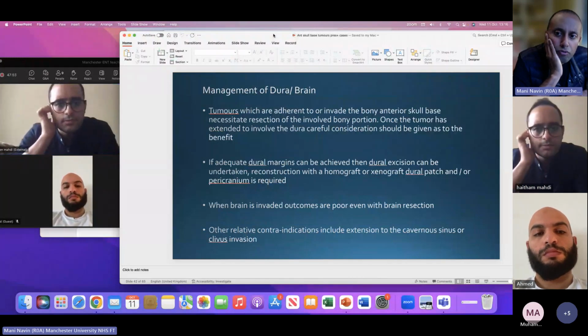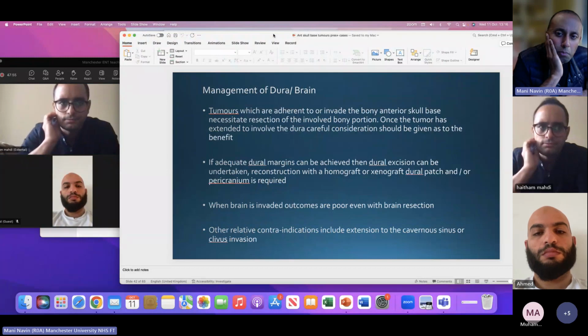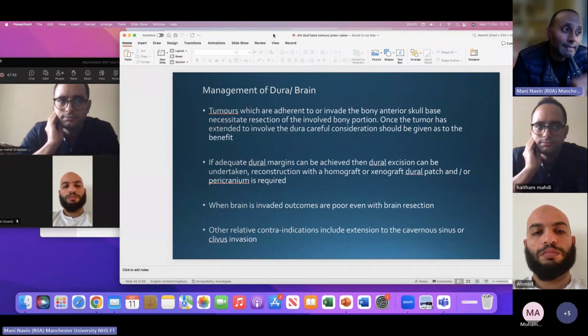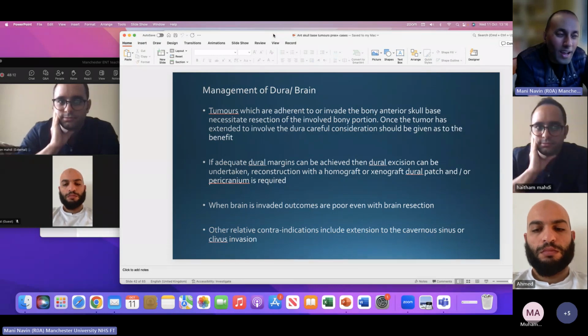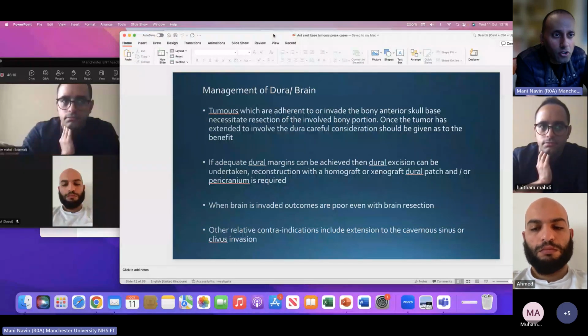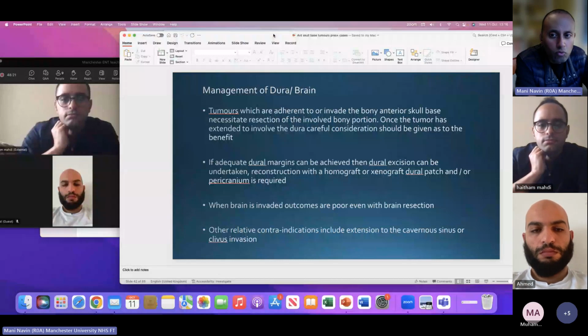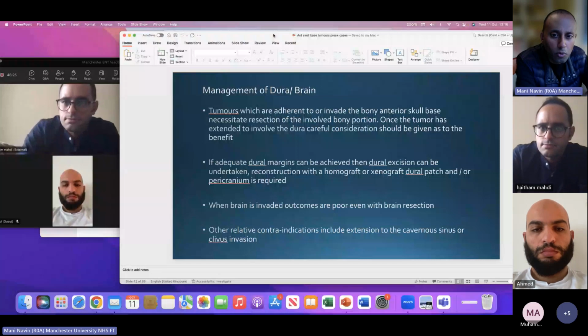If the tumor is through the dura into the actual brain parenchyma, you can resect brain, but by the time tumor has gone into the brain parenchyma, it spreads in a very unpredictable fashion, and even with brain resection, outcome is still poor. So I would only do these cases if there's very minimal, focal brain invasion. If there's gross brain invasion, the evidence is that outcome is very poor.